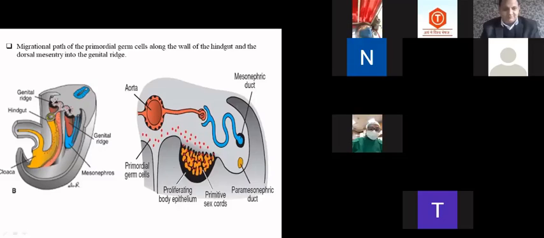And from here, the renal system developing from the mesonephric duct, and here the gonadal ridge, with its proliferating epithelium and the underlying mesenchyme, which will later be penetrated by the primitive sex cords forming the gonads. Here is the paramesonephric duct, which we are going to discuss later.